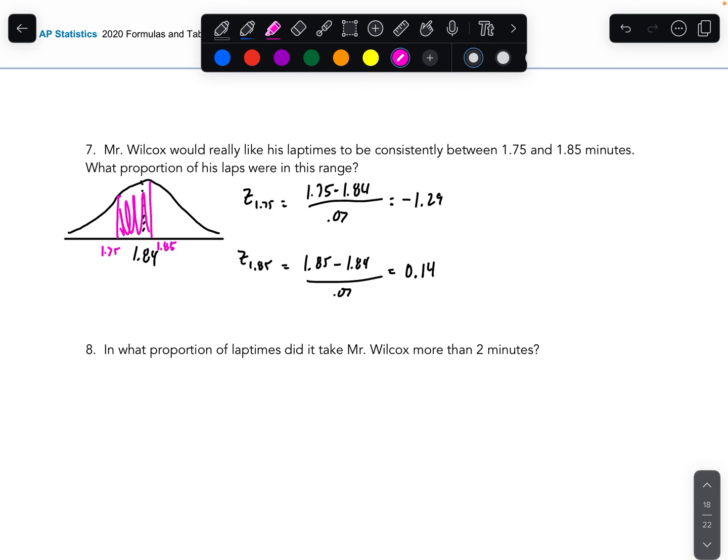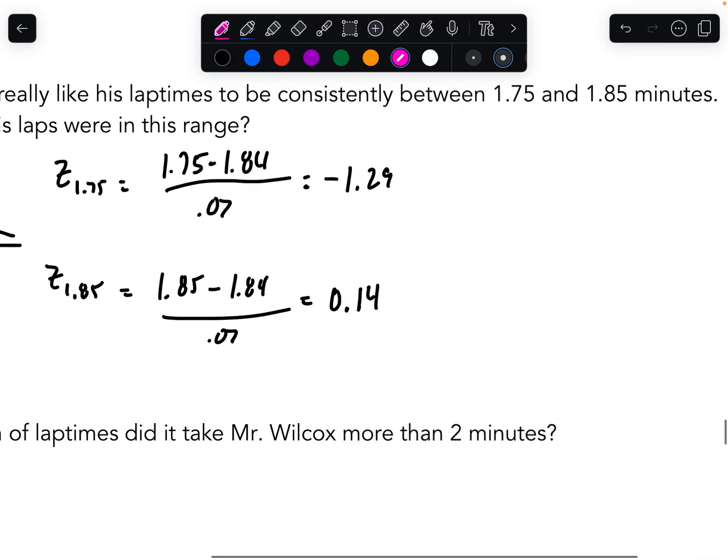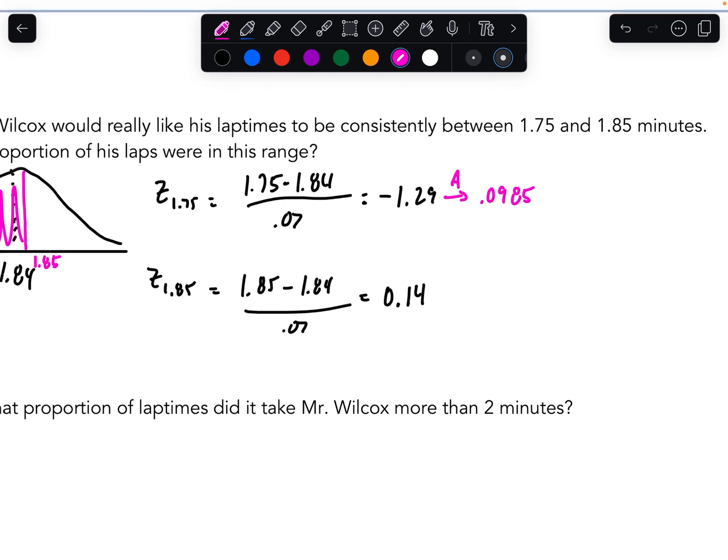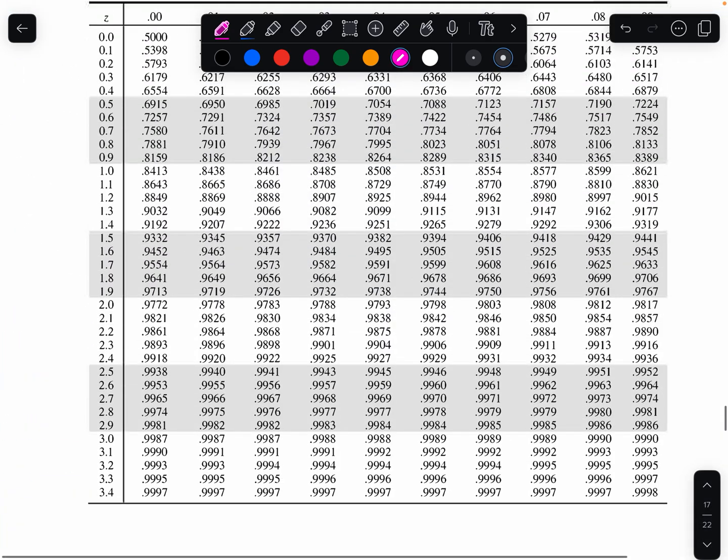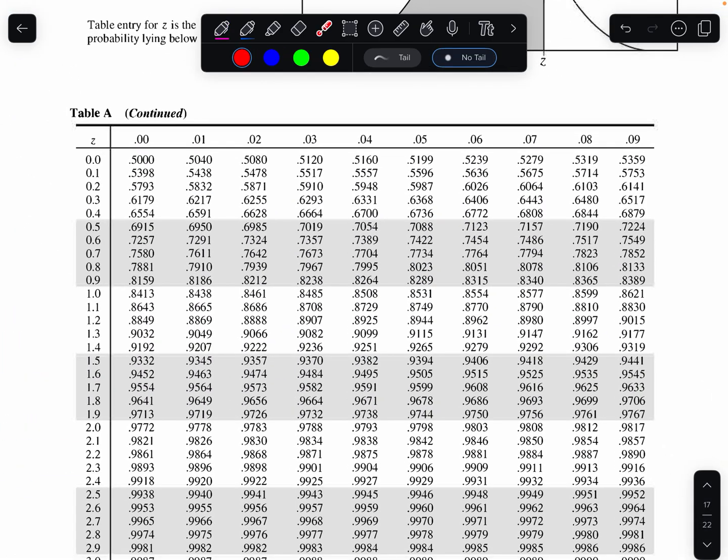Write that down real quick. And 0.14 on the positive side: 0.5557. So you can see it's pretty close to 50%.